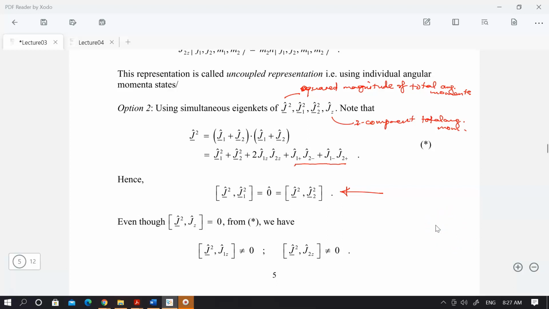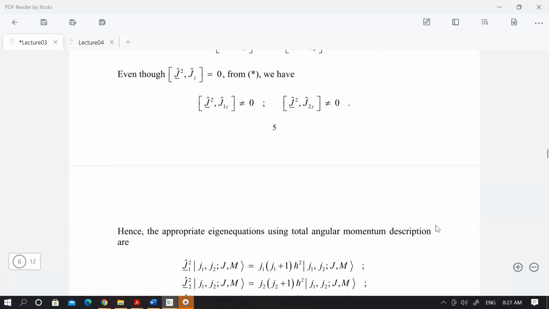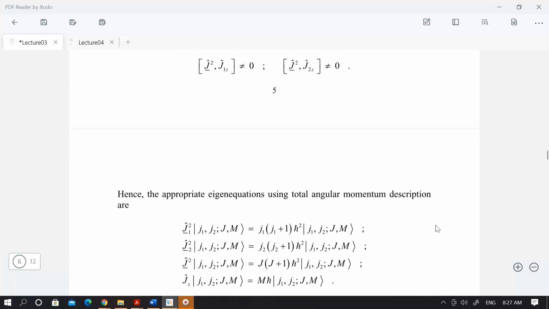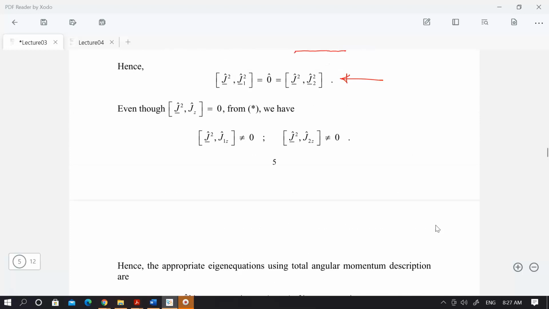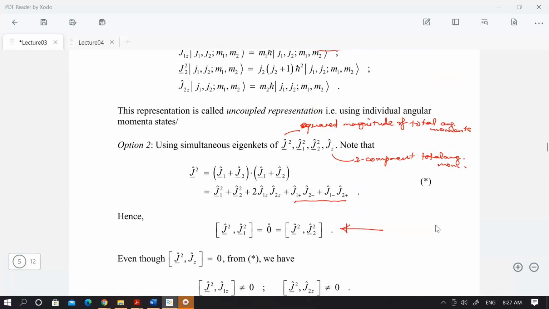Right. Sorry about that. So in this particular case, how should we label the eigenstate? One should label it using just your J squared and Jz, which is the normal way of identifying the state of angular momenta.